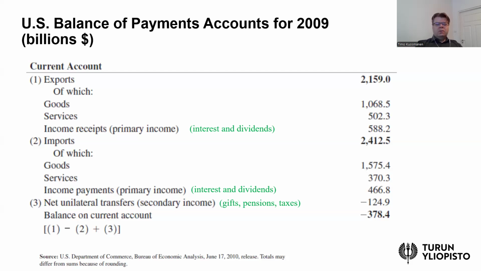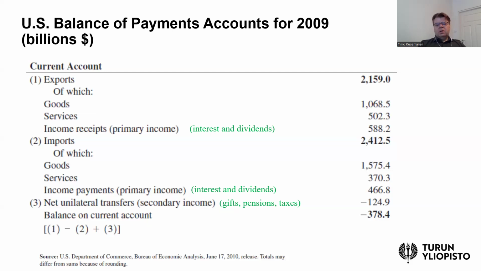Then there are also so-called net unilateral transfers. This is a type of secondary income, and it would include, for example, gifts, pensions, and related taxes. For example, very often immigrant workers like to send some money back home to their family members or extended family in their home country.